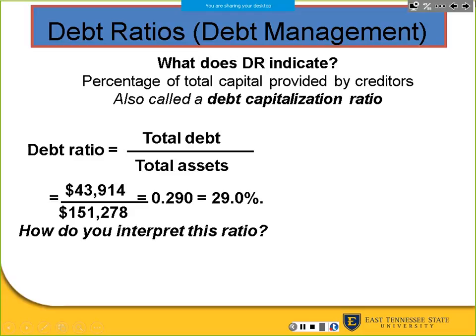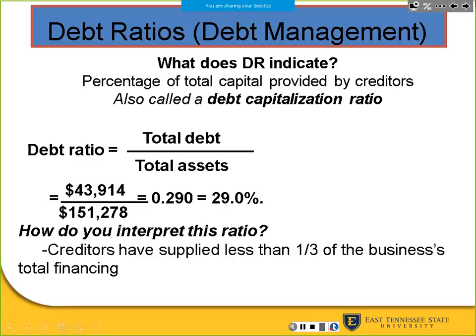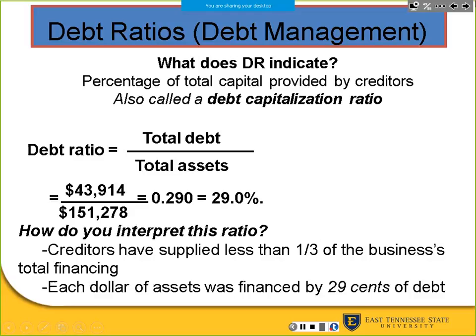So if we divide this out, as it stands right now, we're going to get a debt ratio of 29%. And so how we're going to interpret this is our creditors, those people who are giving us lines of credit on supplies or loans or things like that, they're going to supply less than a third of our business's total financing.